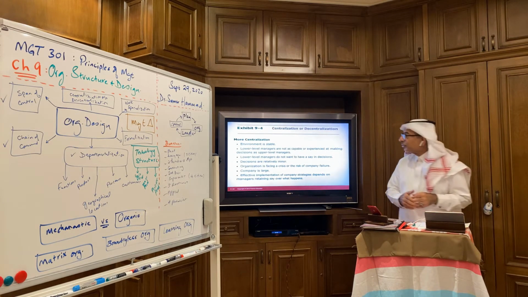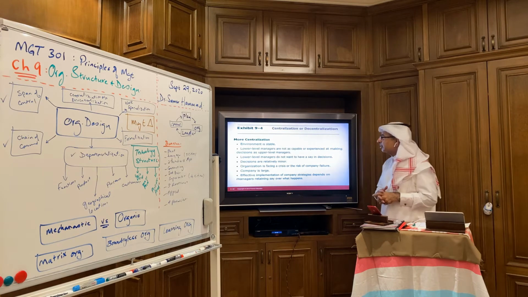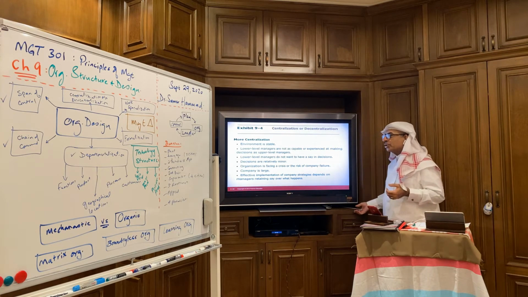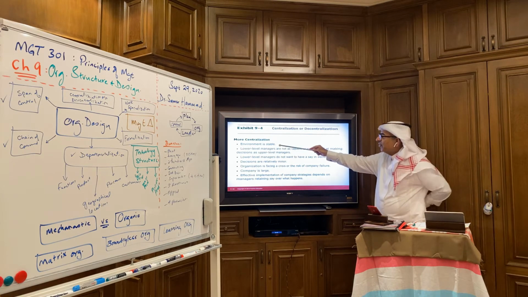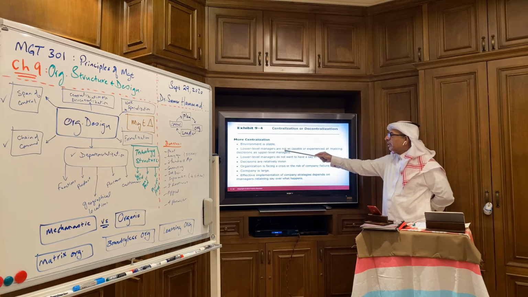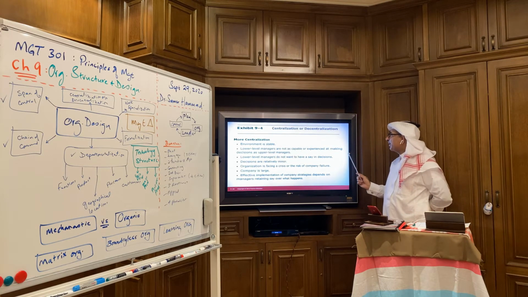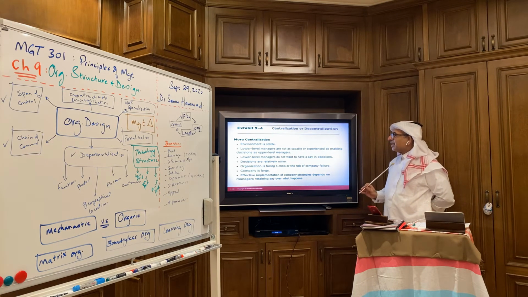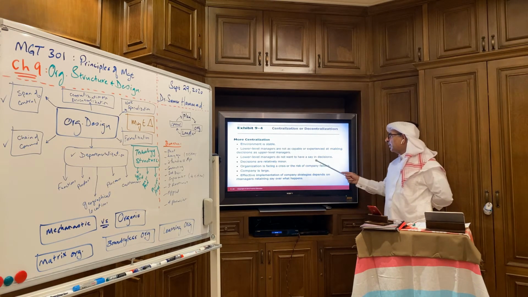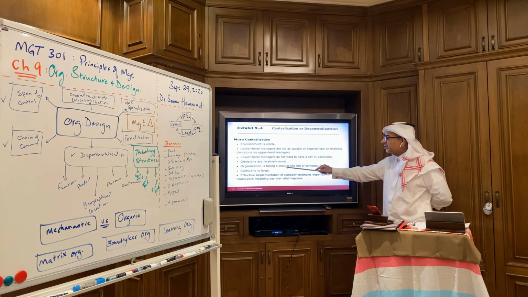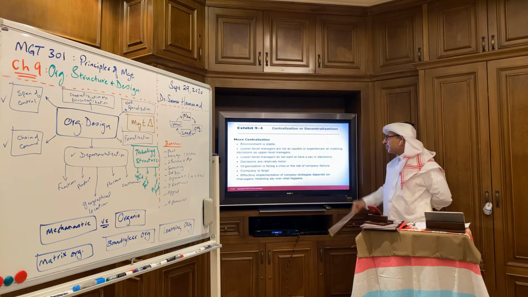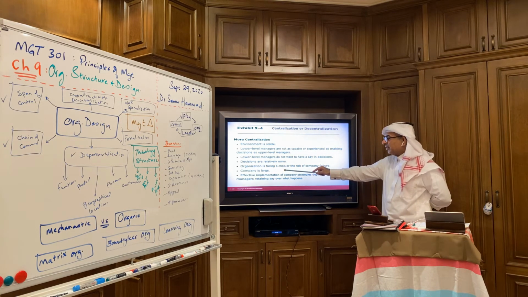The next slide talks about, again, centralization and decentralization. What are the situations where we need more centralization? If the environment is stable, lower level managers are not as capable or experienced at making decisions as upper level managers, lower level managers do not want to have a say in the decisions, decisions are relatively minor, the organization is facing a crisis or the risk of company failure, or the company is large.